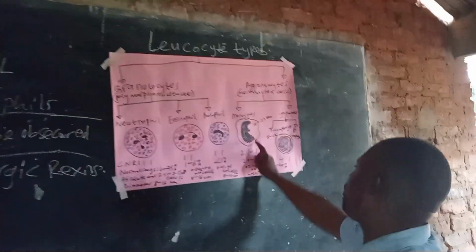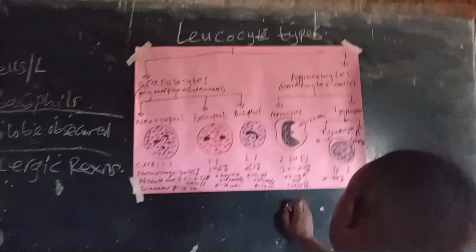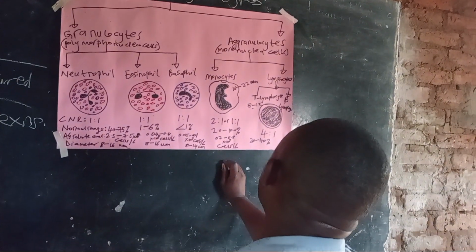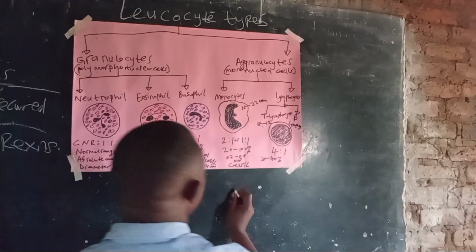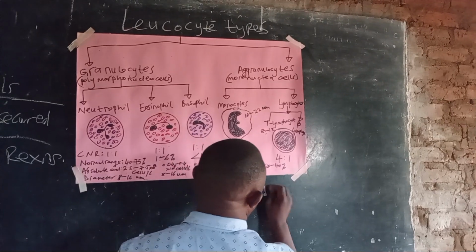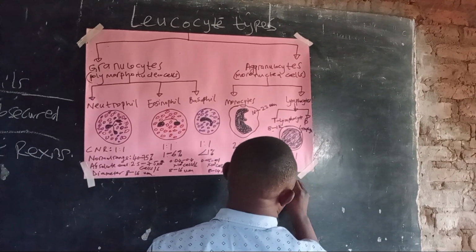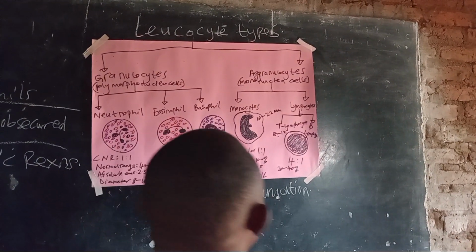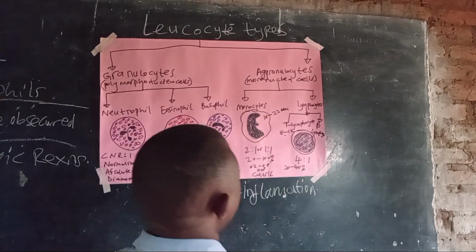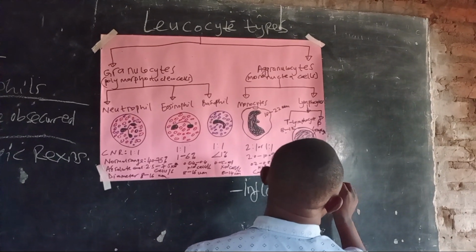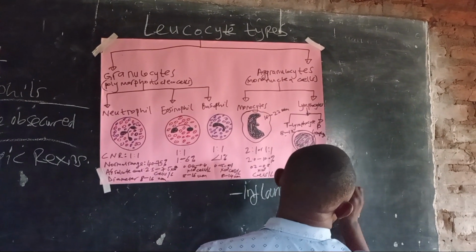The monocytes' elevation will come because of inflammation. Even the lymphocytes will also rise in inflammation.